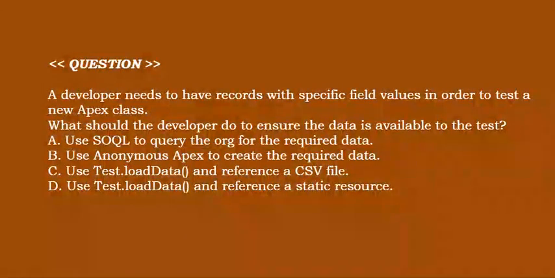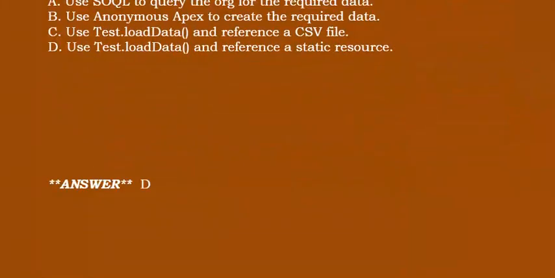Option B. Use anonymous Apex to create the required data. Option C. Use Test.loadData and reference a CSV file. Option D. Use Test.loadData and reference a static resource. Correct answer is option D.